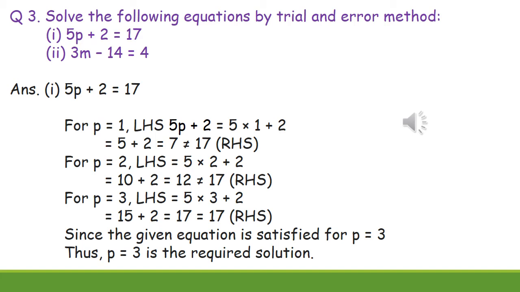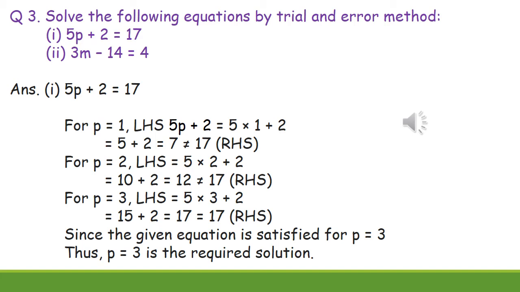In question number 1, the equation was given and one value for the variable was provided in the question. What we have done is replace the variable by the given value, and tried to find out whether the LHS is equal to RHS or not.